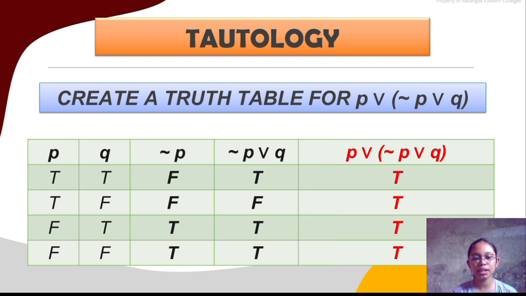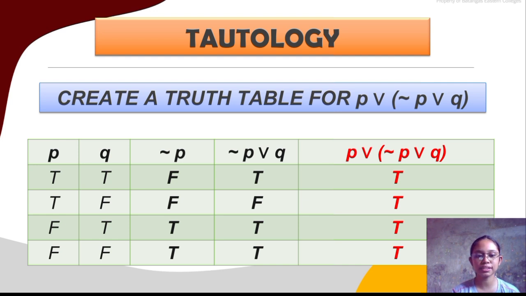True statement ang P and negation P or Q is false kaya naging true siya. Bakit? Kasi isa sa dalawang statement is true. False statement ang P but negation P or Q is true statement. Kaya naging true siya. So, ganun din ang nangyari sa false statement ng P at true statement ng negation P or Q. Kaya, true pa rin ang sagot.